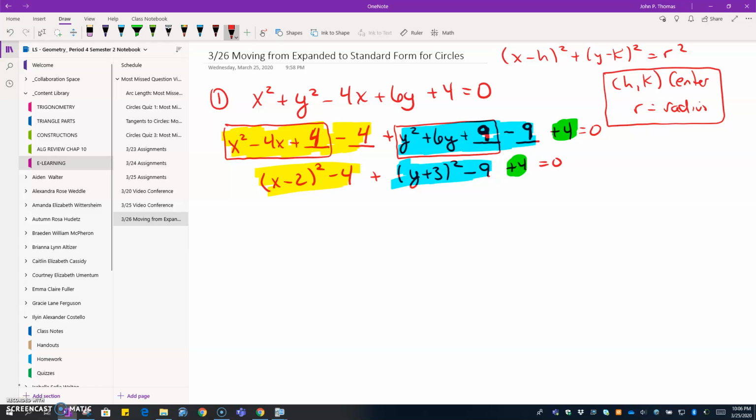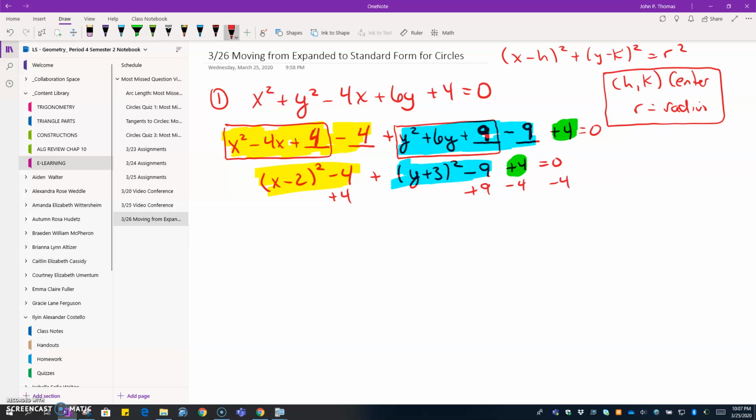Now I'm going to move all those constants over to the other side. So I'm going to add 4, add 9, and subtract 4 over to the other side. Sorry, that was add 9 and subtract 4. Let me rewrite that right hand side there.